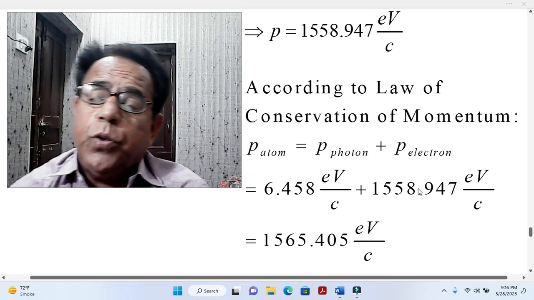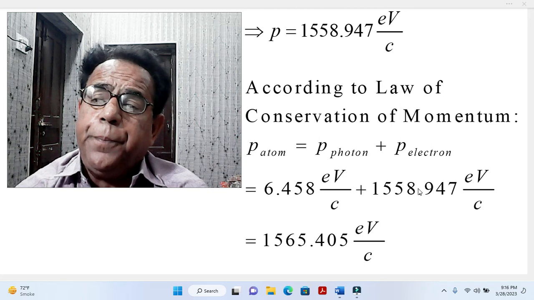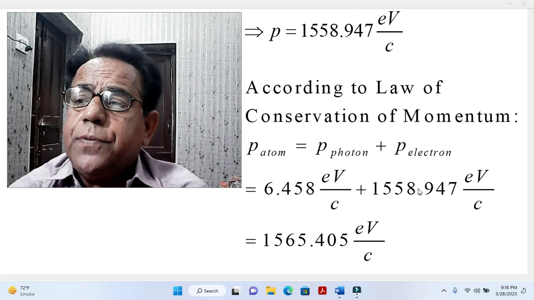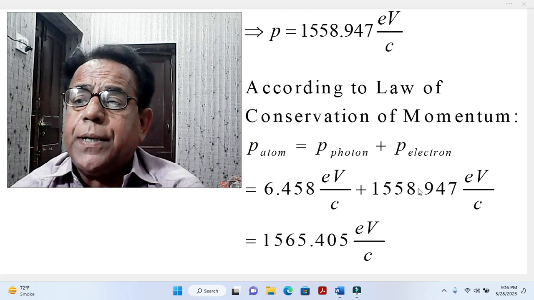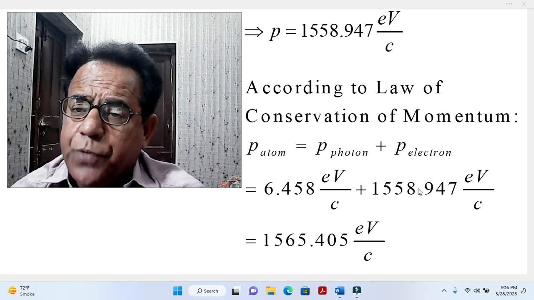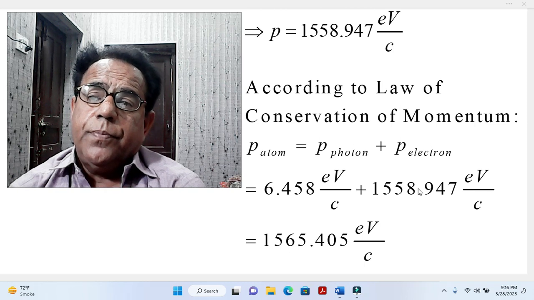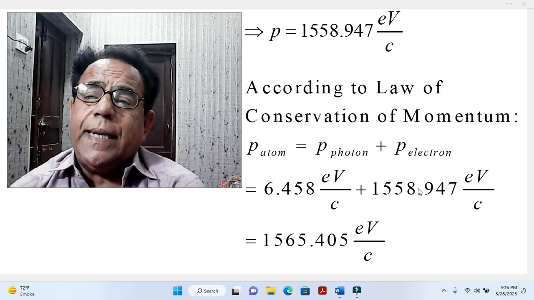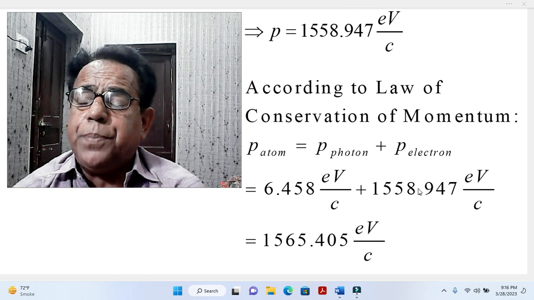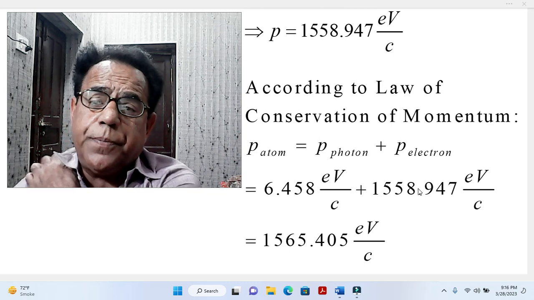Now we move further. According to the law of conservation of momentum, momentum of atom is equal to momentum of photon plus momentum of electron. Is there any doubt in this step? I think there should be no doubt.